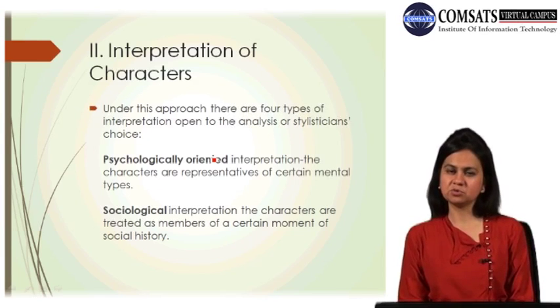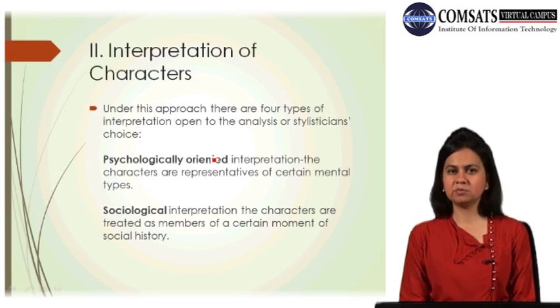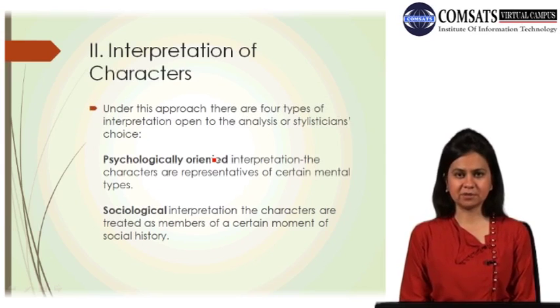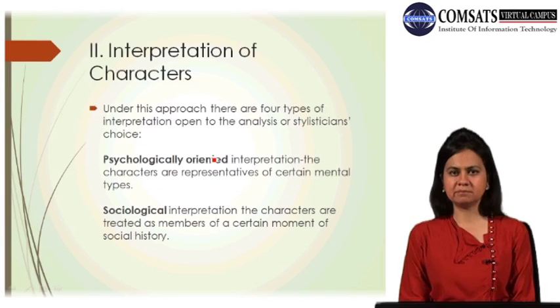There might be characters who would appear to be obsessive. There might be characters who would appear to be proud. There might be characters in the stories and poems or dramas who might be impulsive, rash. This is how we look at a character from a psychological perspective. For instance, see the play Oedipus Rex by Sophocles, that is the classical work that the students of literature start their study of drama with.